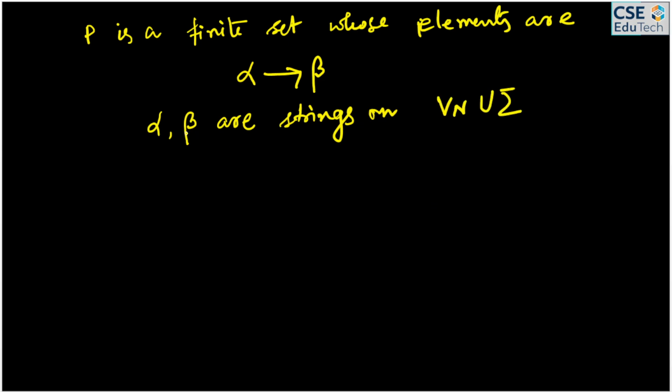That means alpha and beta are constituted by the non-terminals as well as the terminals.